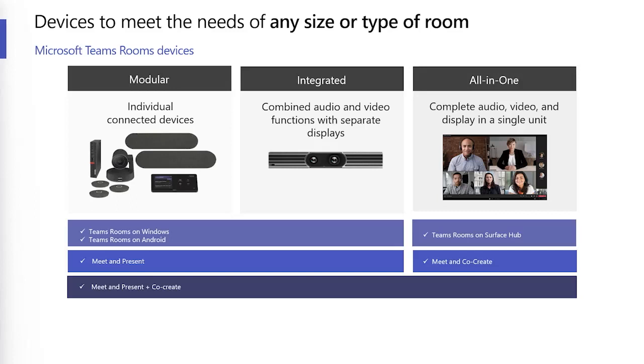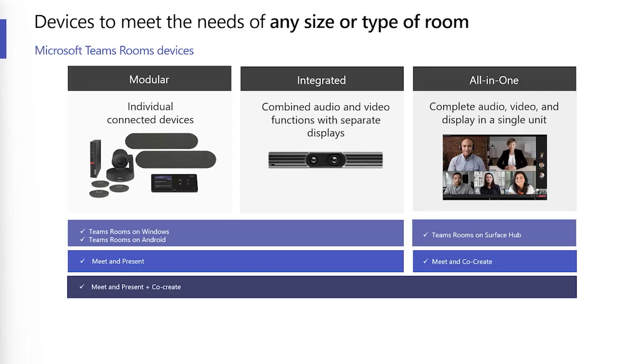The Teams Rooms experience delivered on the Surface Hub is geared toward meetings where the focus is on people needing to meet, ideate, or brainstorm as a team. We call this meet and co-create. Because these meetings tend to be less formal, there may be more movement around the space with people standing around the collaboration surface.